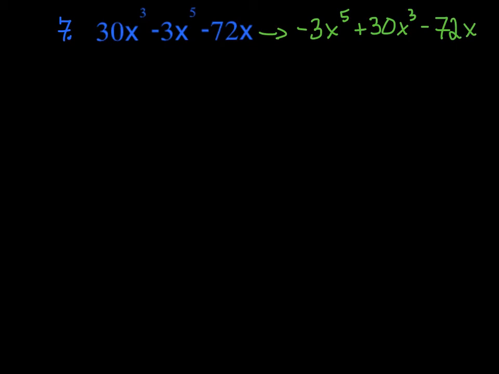All right, now let's take out a GCF. Again, I really don't like to have this lead coefficient be negative, so I'm going to factor out a negative when I do this. So that will give me negative 3x that I can factor out as a GCF, and then I will get x to the 4th minus 10x squared plus 24.